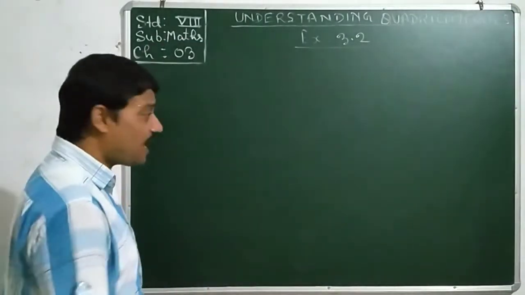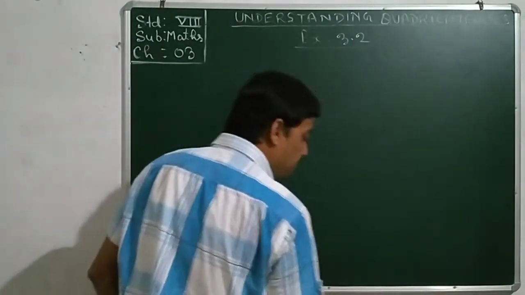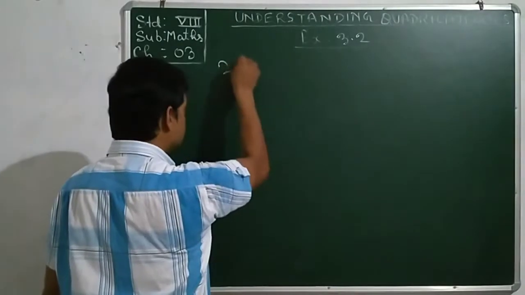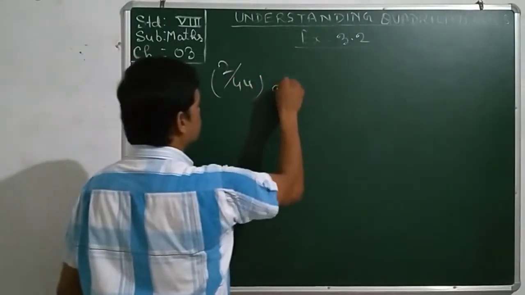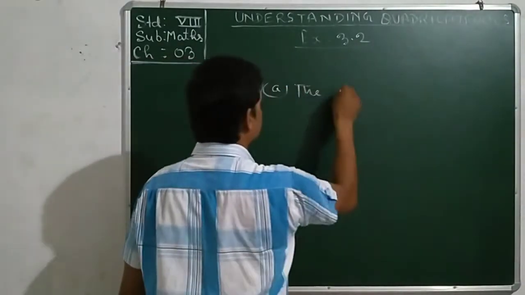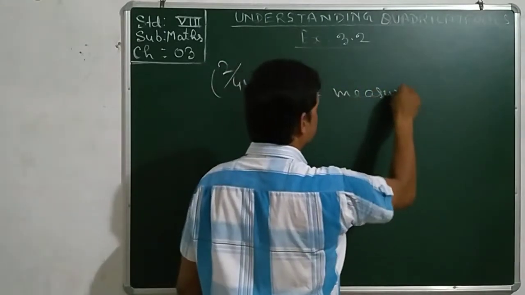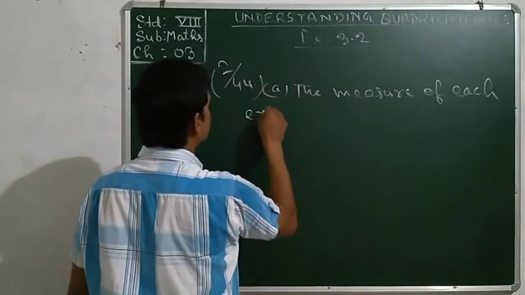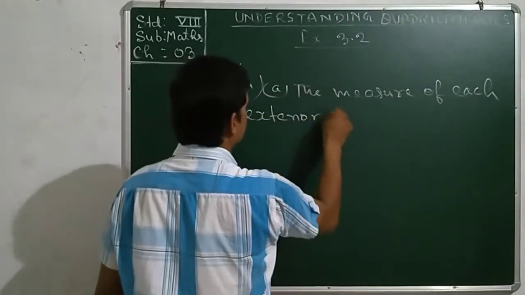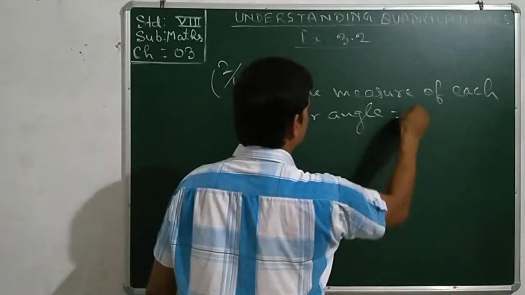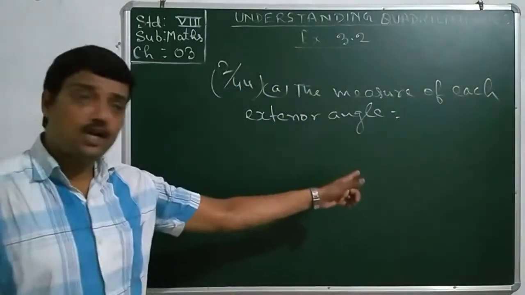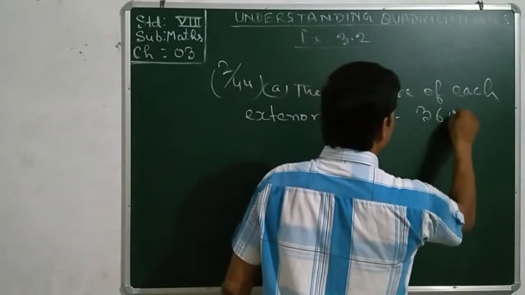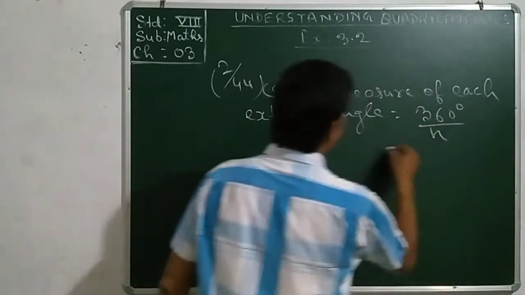Of course, I have explained to you that when the number of sides is n, then the measure of each exterior angle will be 360 degree by n.